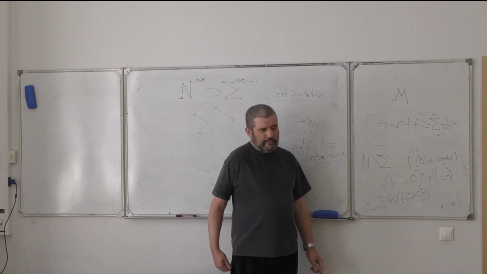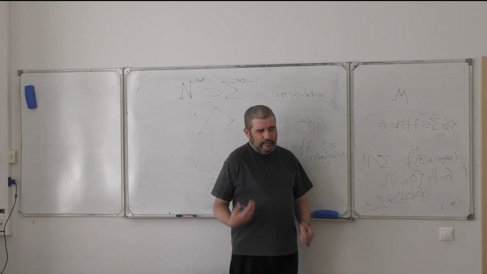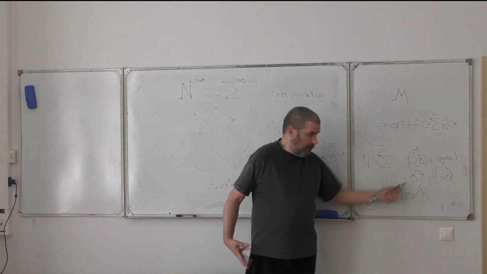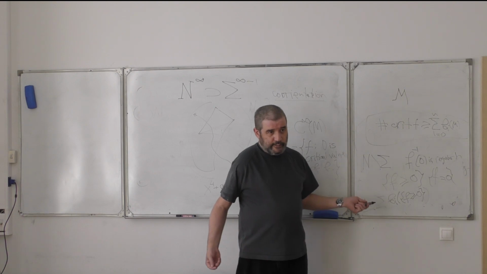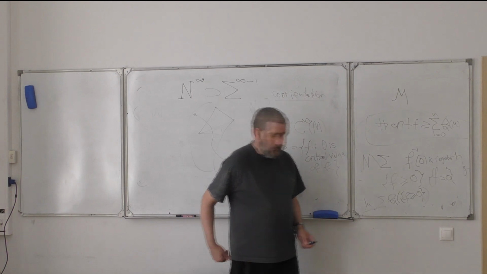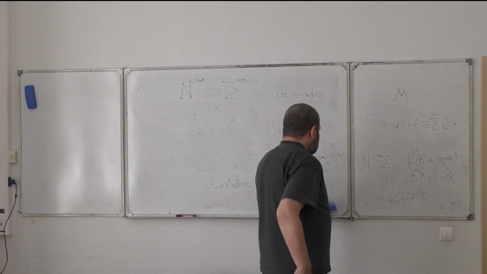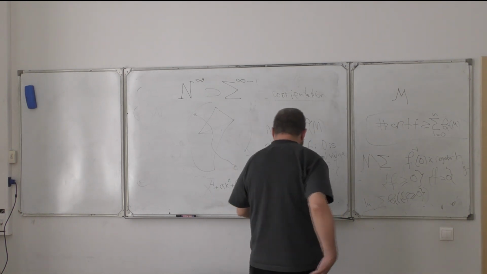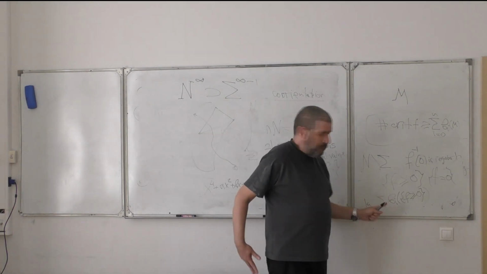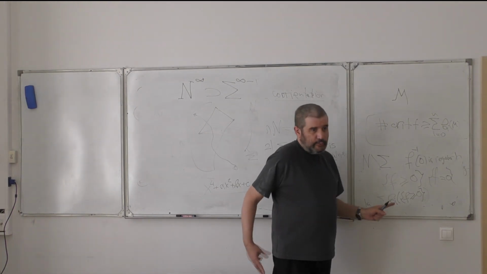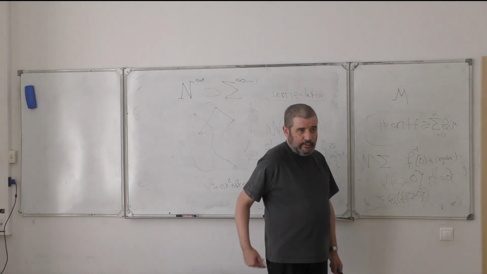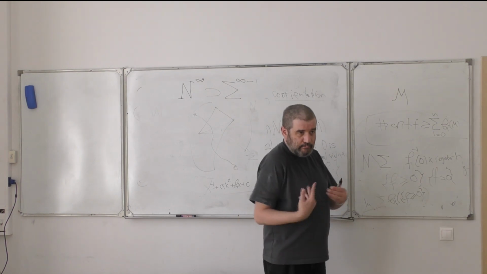The value of that function is a non-negative integer. All these are non-negative integers, and we sum them up. And now we say that the intersection is in the positive direction if this function grows by 1, and in the negative direction if this function decreases by 1.